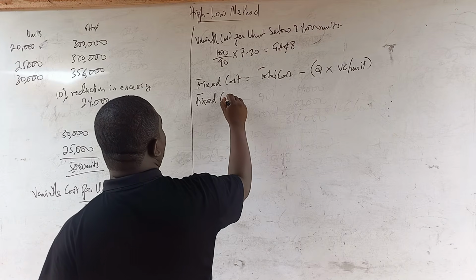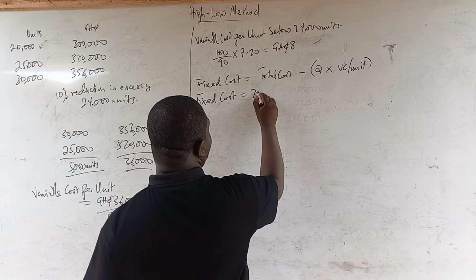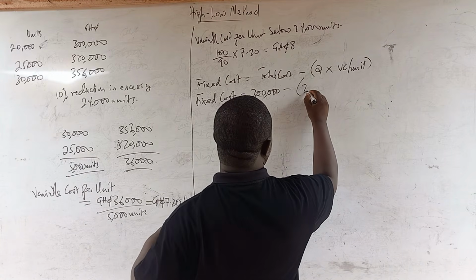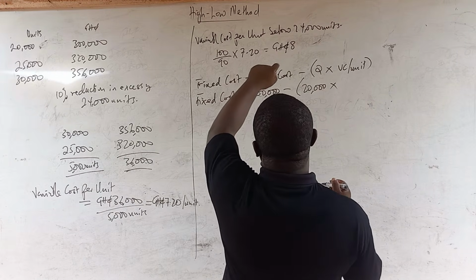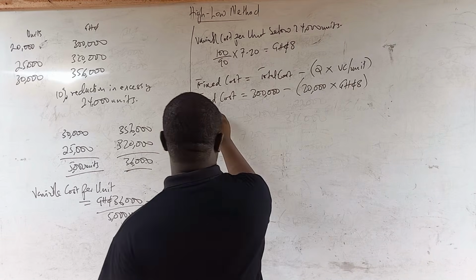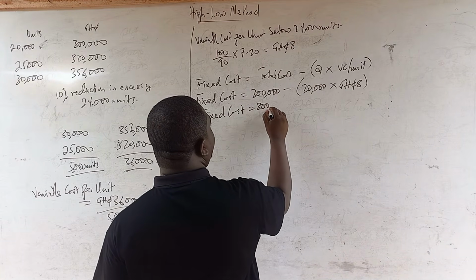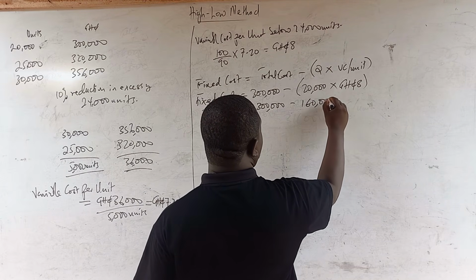So the fixed cost that we are looking for will be equal to, using the first one, 300,000 minus quantity of 20,000 units times variable cost per unit of 8 cedis. So our fixed cost will be 300,000 Ghana cedis minus 160,000 Ghana cedis.